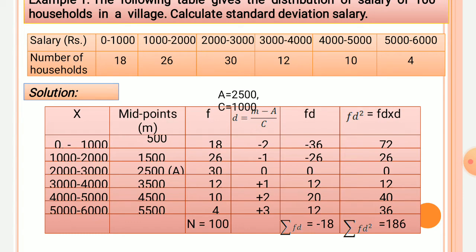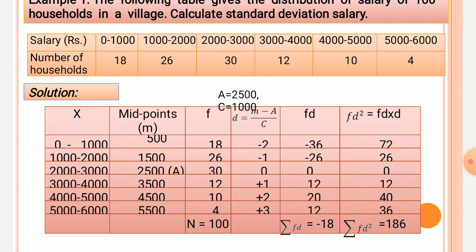So in this problem, 2500 is taken as the assumed value. m or x 500 minus 2500 divided by the size, the magnitude of the class interval, which is 1000, because in each class there is a difference of 1000.